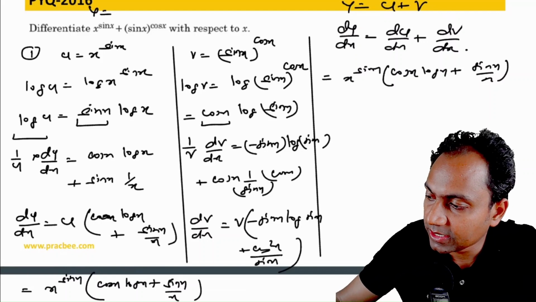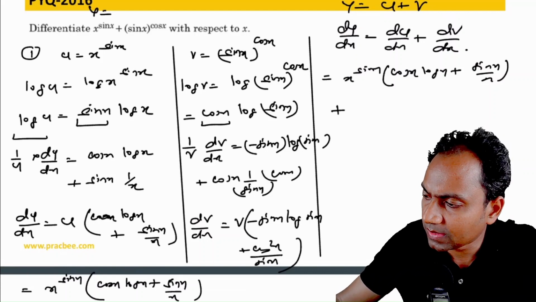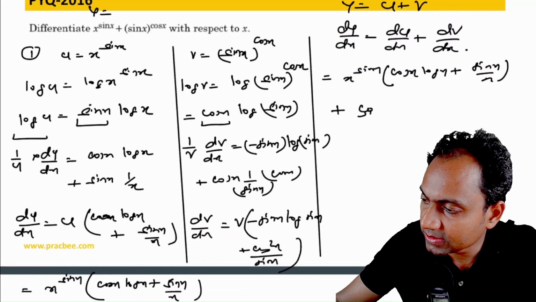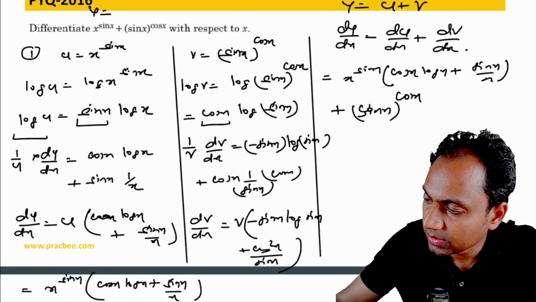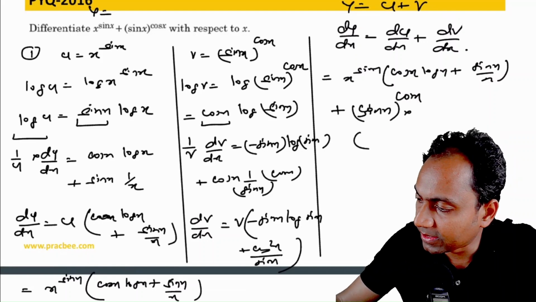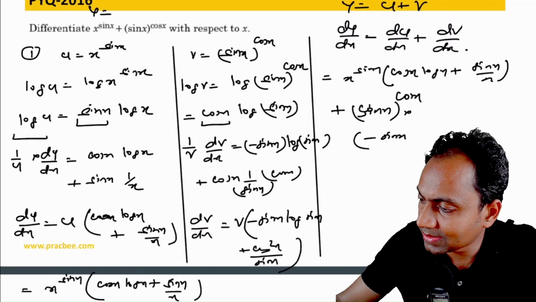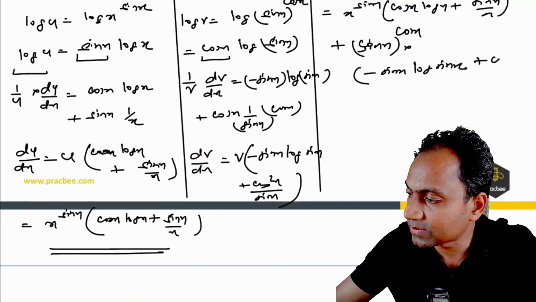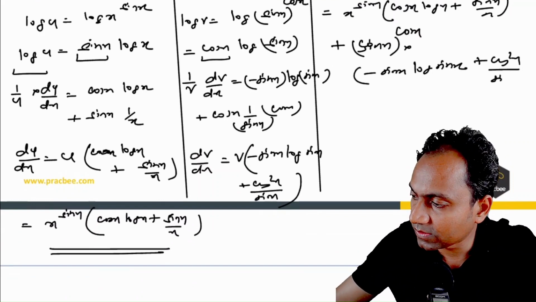And the second part comes out to be nothing but v, that is sin x raised to the power cos x, multiplied by minus sin x log of sin x plus cos square x by sin x. This is what we are getting.